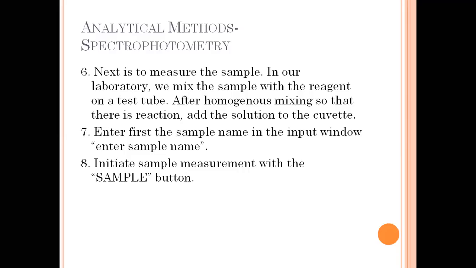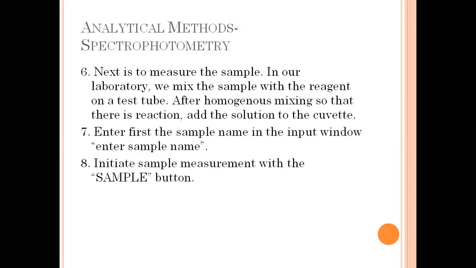So using a test tube, you put the reagent there and then you add the sample. You have to mix that homogeneously by doing a lateral tap, or basically you need to mix it. Because if you don't mix, there's no reaction that will happen. So every time you add the sample to the reagent, you have to properly mix the two.